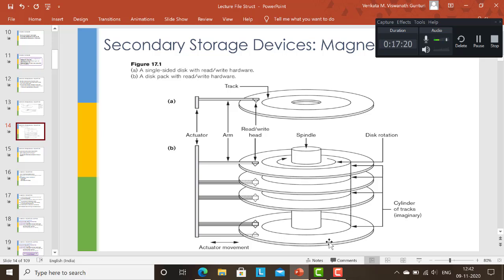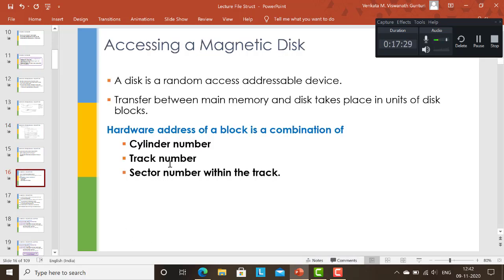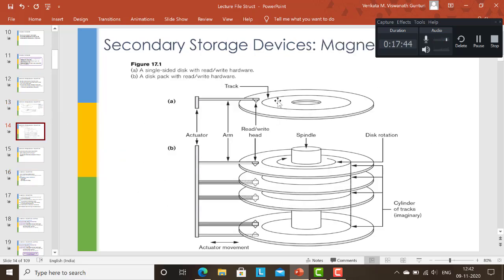After you get the cylinder number, you refer to the disk surface in which you are interested. And that disk surface, I think your textbook is calling a track. So they're using the word in two different senses. And then finally, once you have the appropriate track, you get the sector that you want to read.